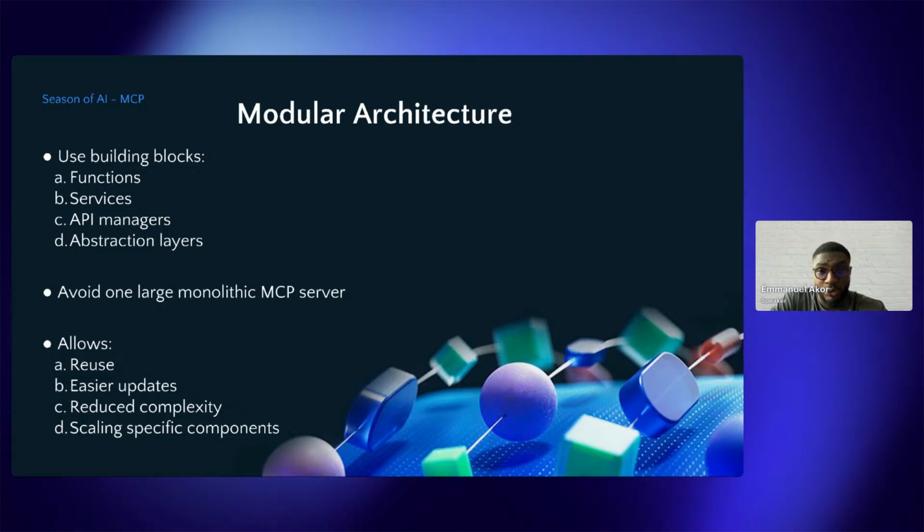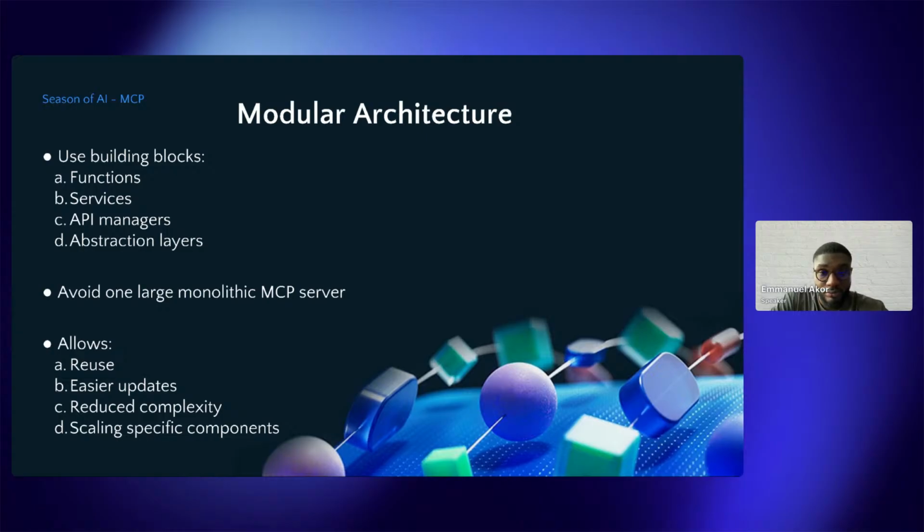It enables us to reuse our code base, and it's easier to update if we want to roll out versions and updates. I just need to change this in the functions, maybe this in the services, this in the API manager or in the abstraction layer. Another important reason is scaling for specific components, and it also reduces complexity, like I said.